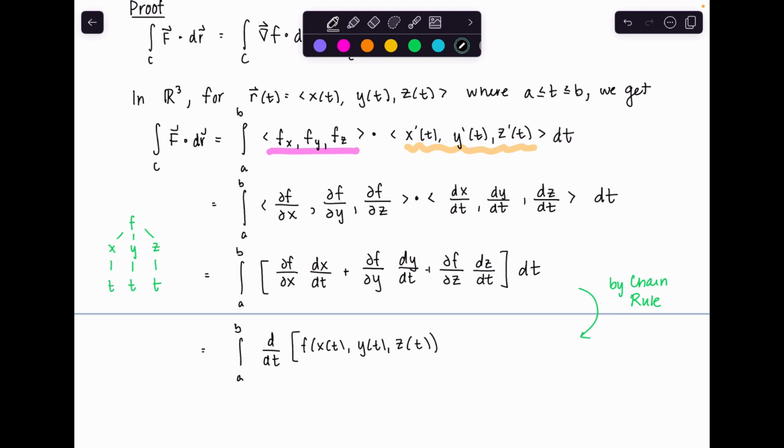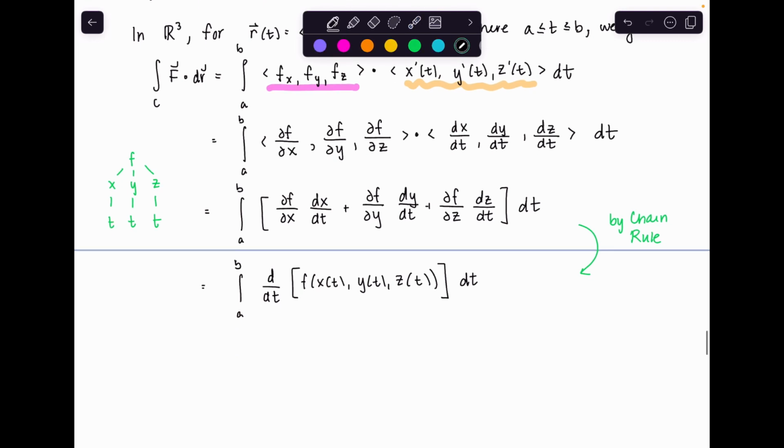It's f of x, y, z, but all of those really depend on t. So we can write it like this. And then if you think you're integrating the derivative, those two just cancel each other out, so you end up with the function on the inside, evaluated from a to b.